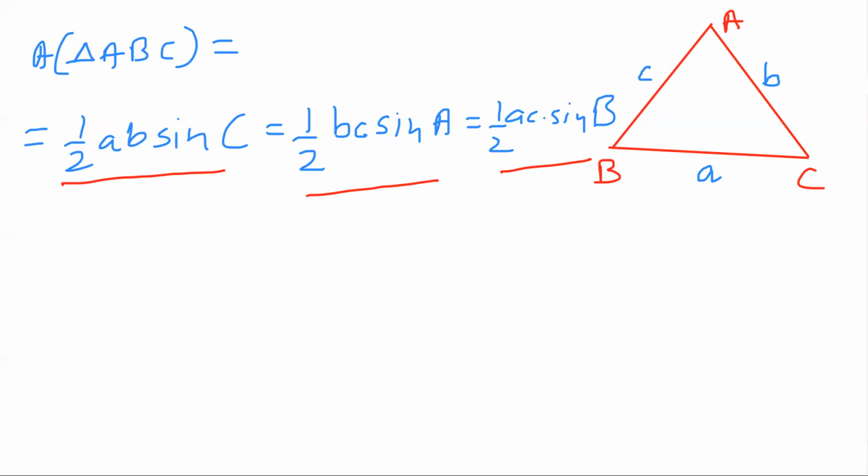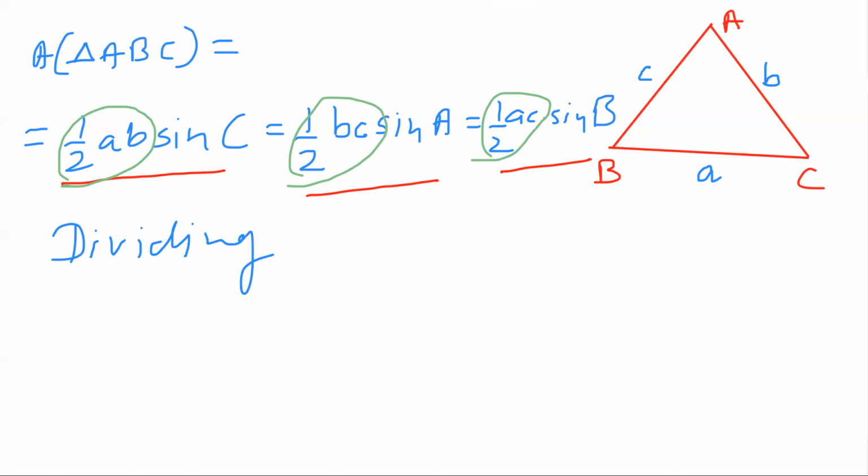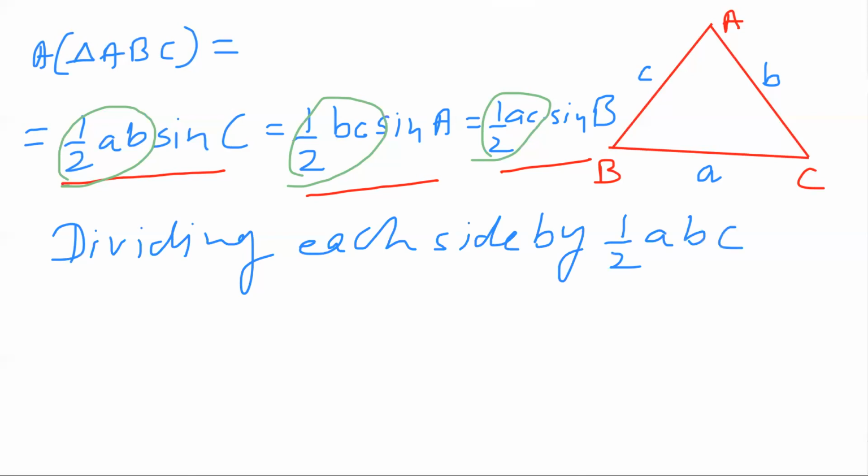You will see there is a half in all of these: half ab, half bc, and half ac. So let's play with this equation here. We will divide each side by half abc and see what we get.